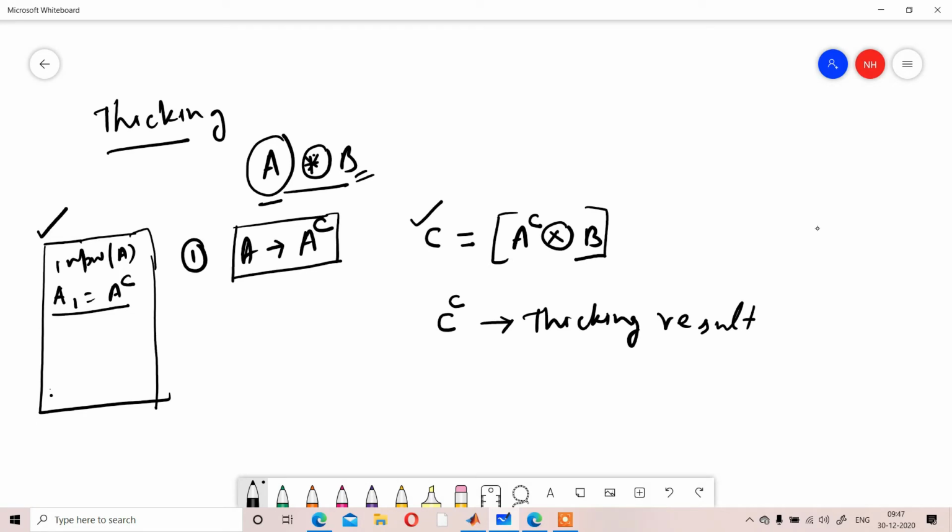Then over that A1, run the hit-or-miss transform code. So you will get C, and if you take C to C complement, that gives you the thickening result.